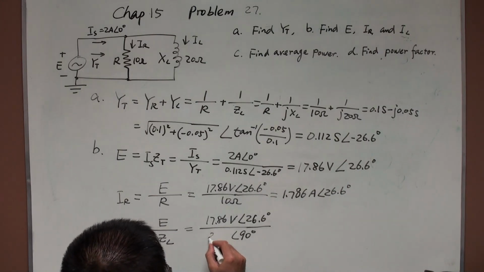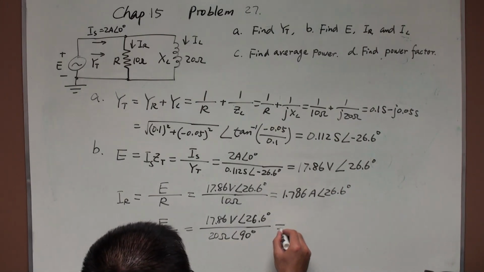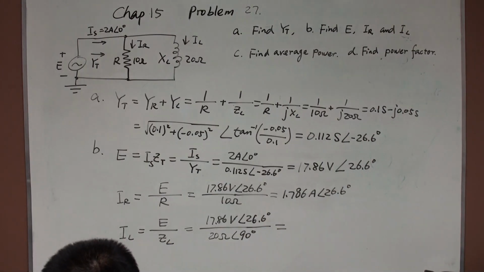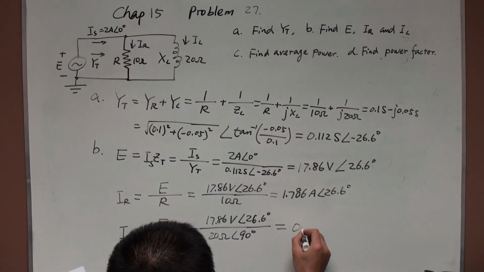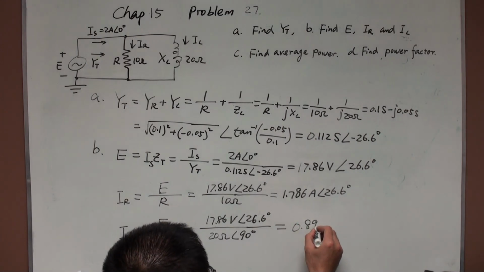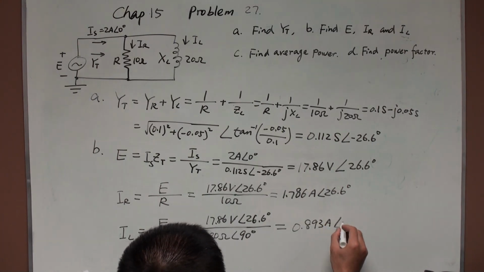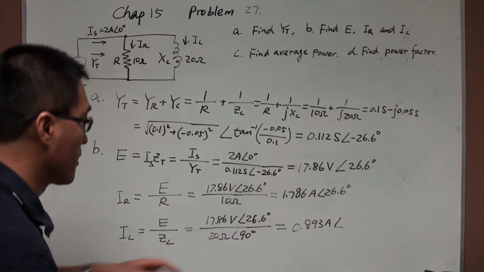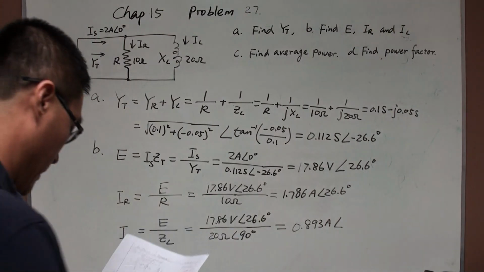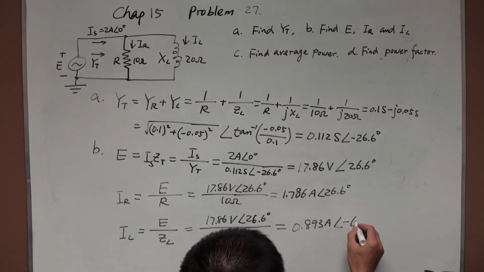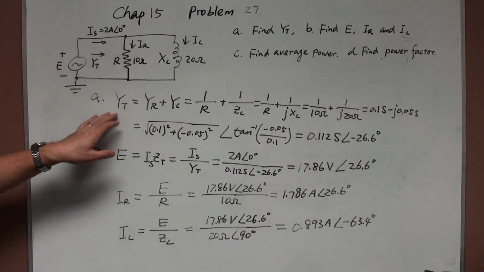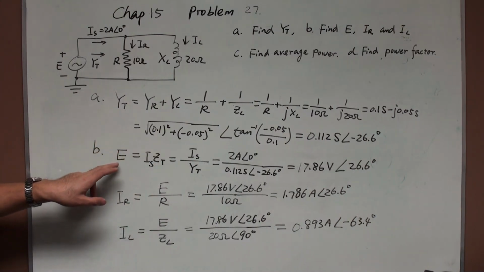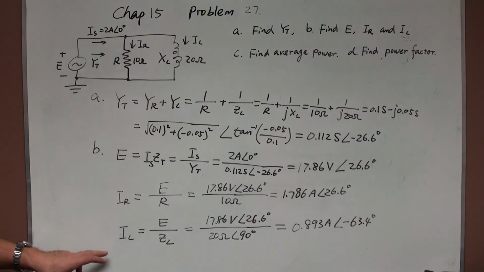If you do the calculation, it's 0.893 amps with 26.6 minus 90 degrees, which is negative 63.4 degrees. So you can see we found the total admittance, the voltage, and the currents IR and IL.